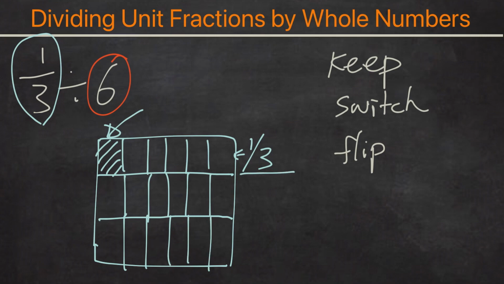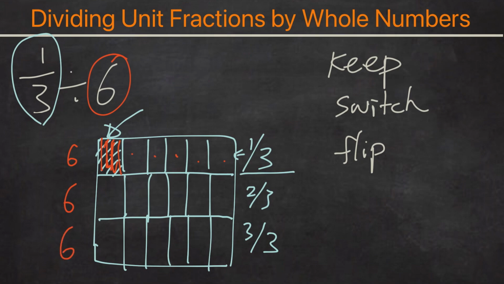since this is 1/3, this will be 2/3 and this will be a whole. And so you can see that if we were to divide them all exactly the same as this, we would have 1, 2, 3, 4, 5, 6, and that's 6 here, that's 6 here, that's 6 here.